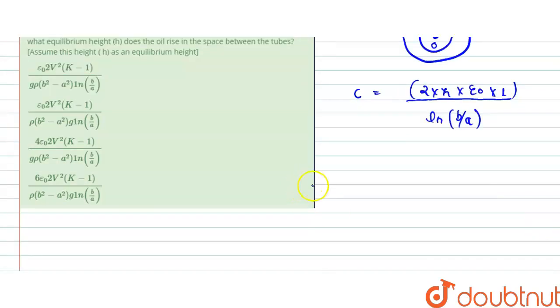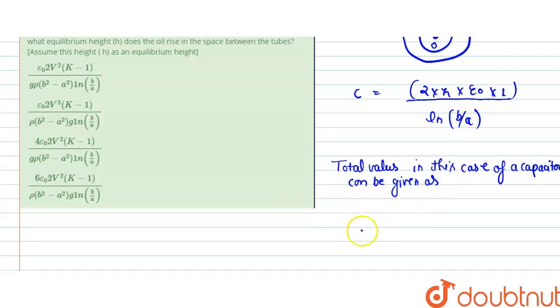We write down the total value in this case of a capacitor, which can be given as C equals C in air plus C in oil.